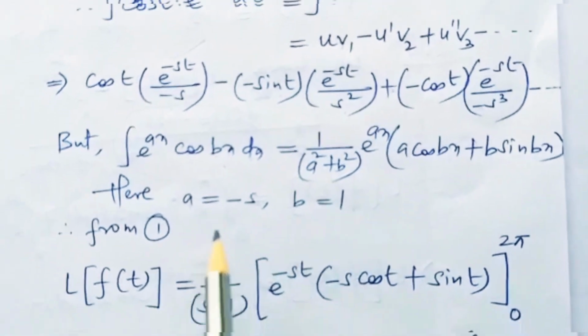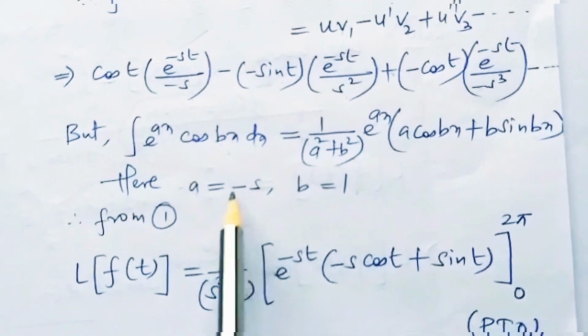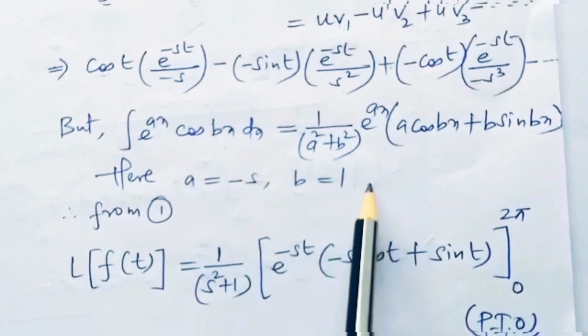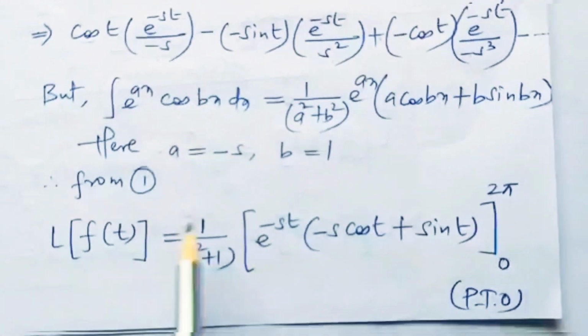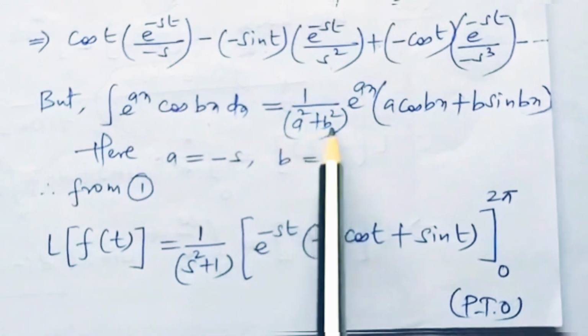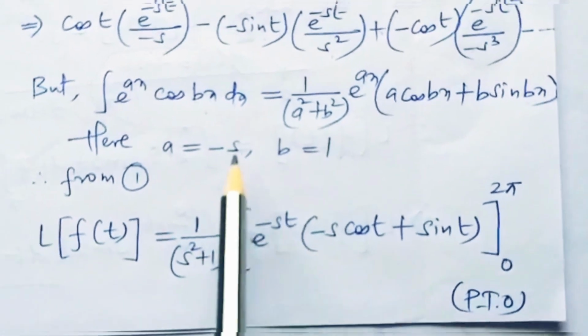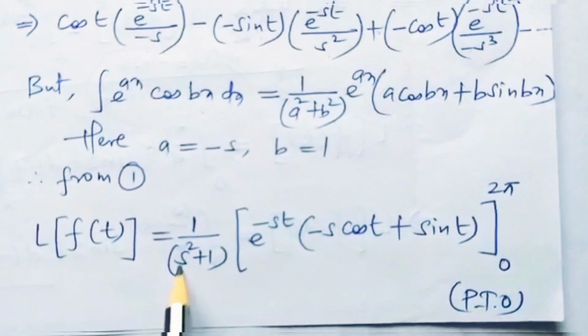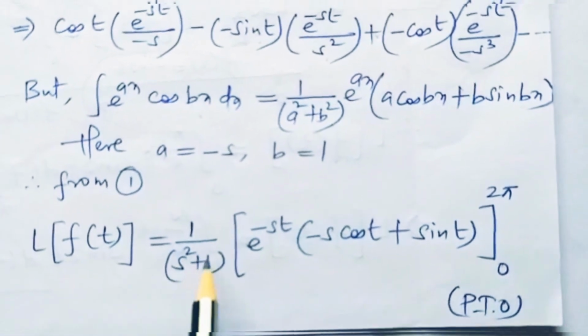So wherever a and b are there, we can replace them by minus s as well as plus 1. So L of f of t should be 1 divided by a square plus b square, so it is 1 divided by minus s square, that is s square, plus 1 square, of course 1.